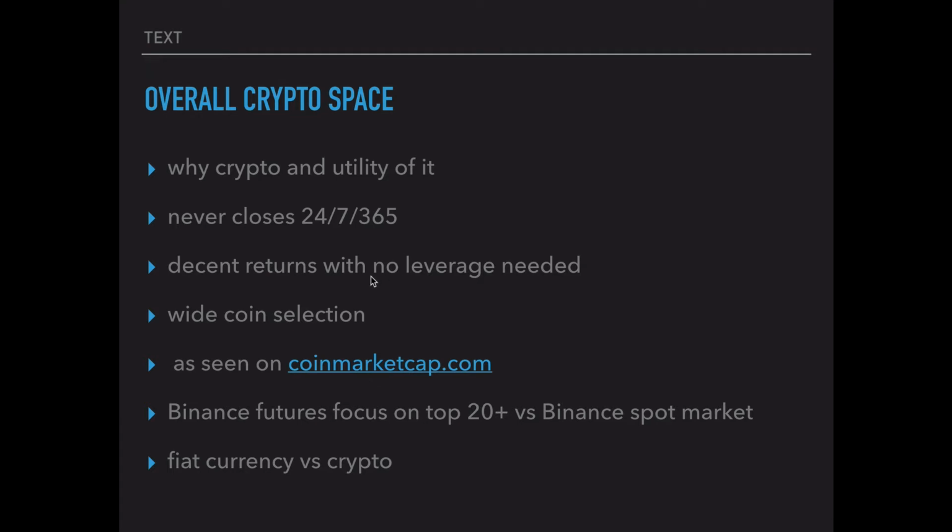One of the advantages of the model I built is that you get a signal, and now you have your own Python script, so you can do whatever you want with that signal. You could lever up your leverage with that signal.